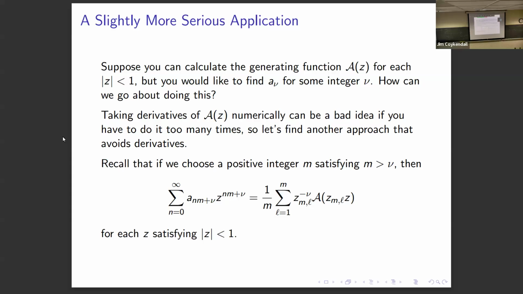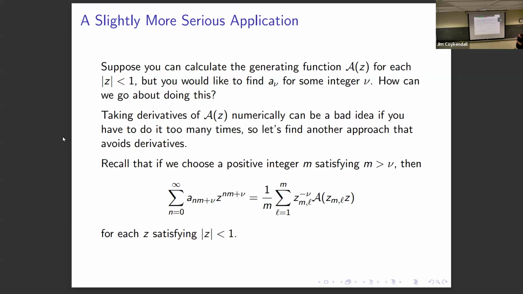So in principle, if I wanted to pick off a nu from the generating function, I could take the nth derivative, set it equal to 0, divided by nu factorial, and that would be a nu. But from a practical perspective, that can be problematic because when you're taking higher order derivatives using software, issues can come up. Well, there's ways of getting around that.